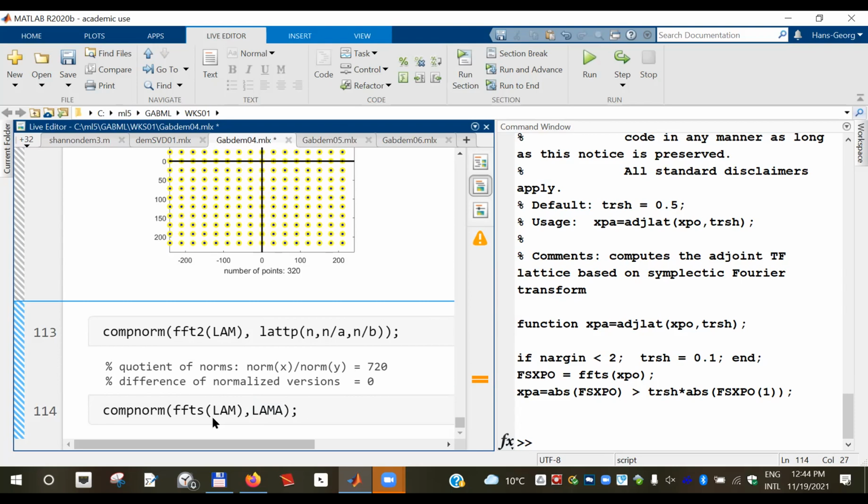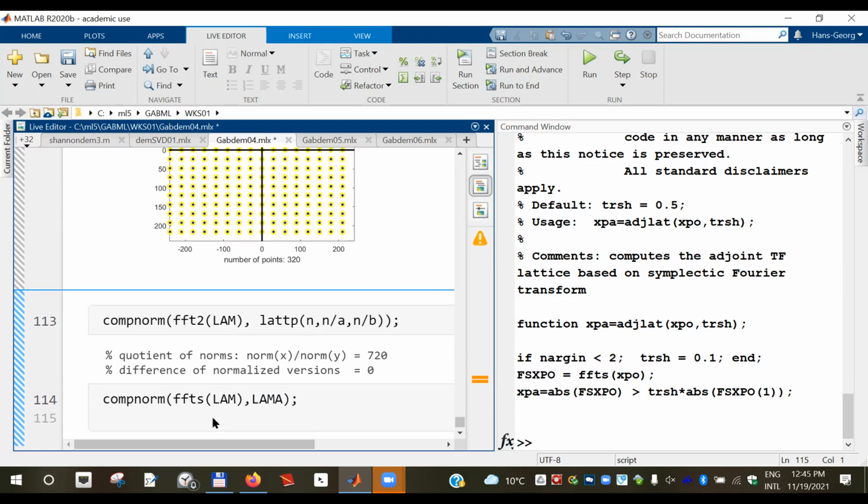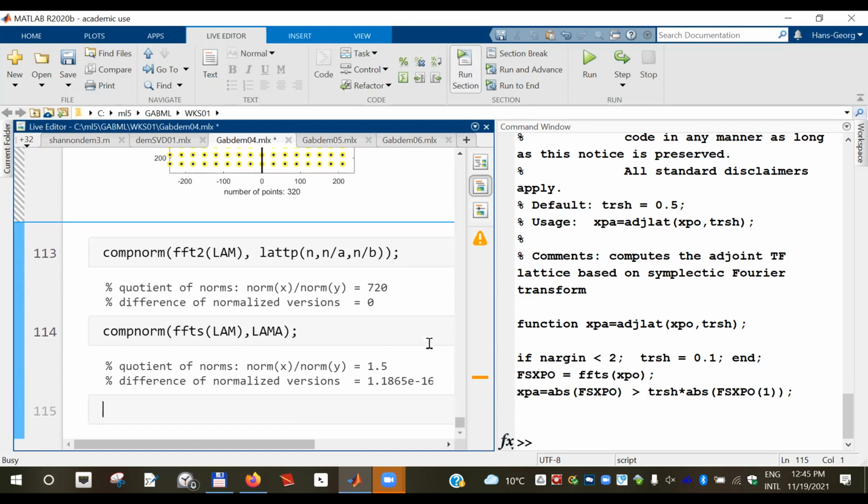What will be the outcome? It should be the same, but with some factor. And what is the factor? Why isn't the factor 1? Let's see. Yeah, okay. Now I would have guessed wrongly.